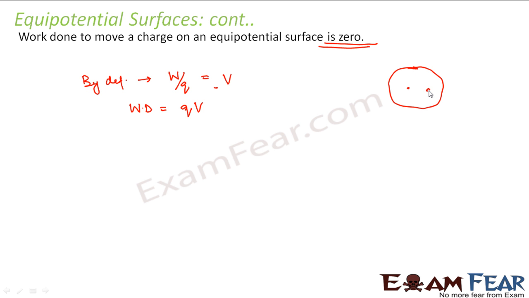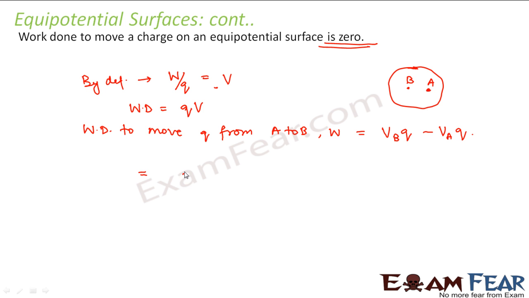I want to move a charged particle from point A to point B. That means there is some work done to move the charge from A to B. The work done is equal to potential at B into Q minus potential at A into Q, because work done is equal to the potential difference between the two points. So this is equal to Q into (VB minus VA), the difference in potential.